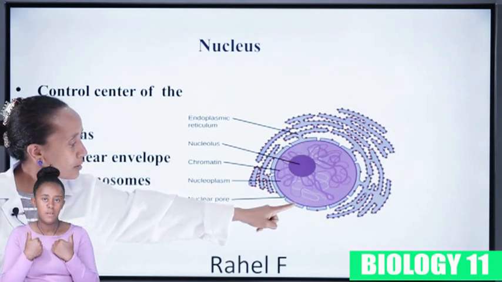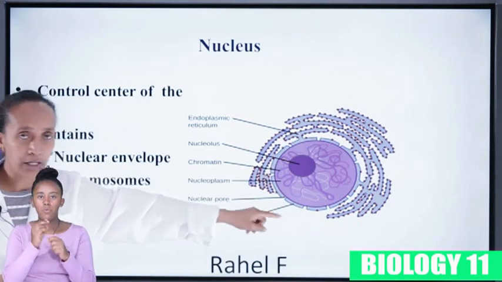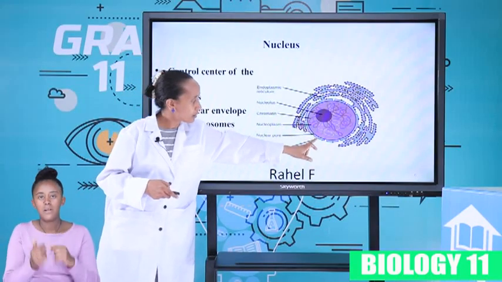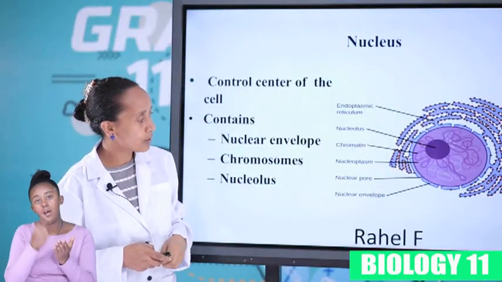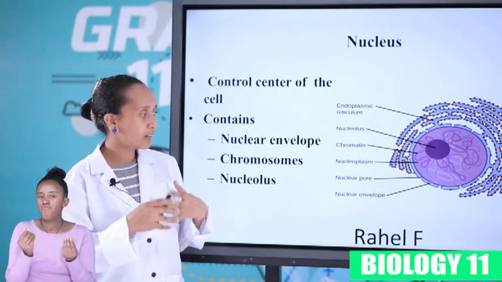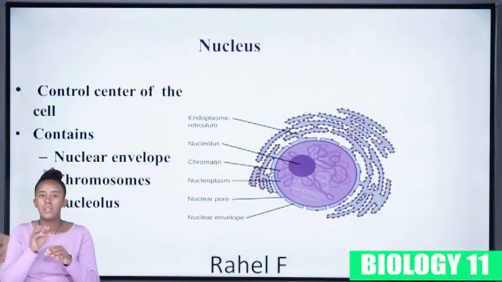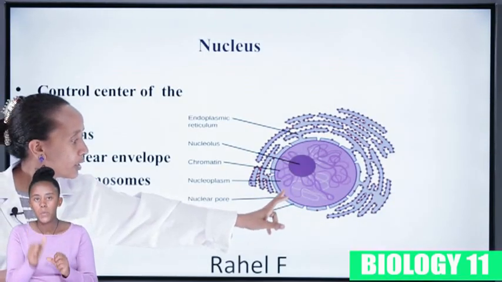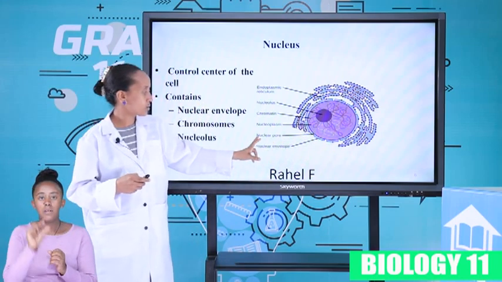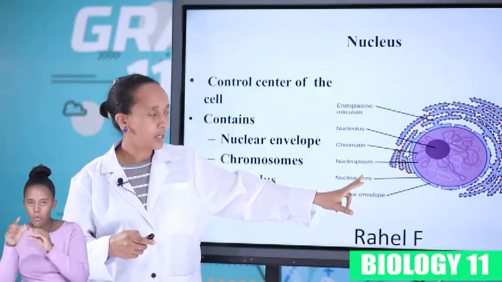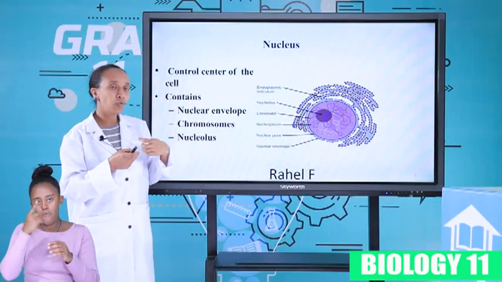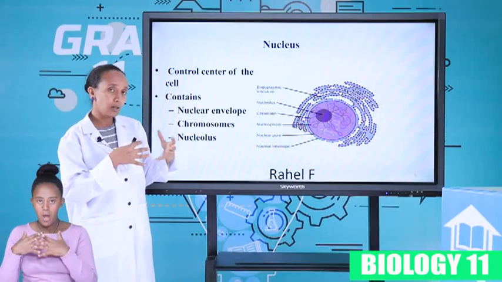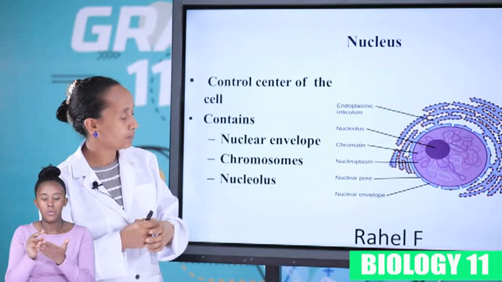The first one is nuclear envelope or nuclear membrane. As you see, the nuclear membrane is not smooth. It is interrupted, or it becomes discontinuous due to the presence of small pores known as nuclear pores. The nuclear pores are important for exchange of material between the nucleus and the cytoplasm.